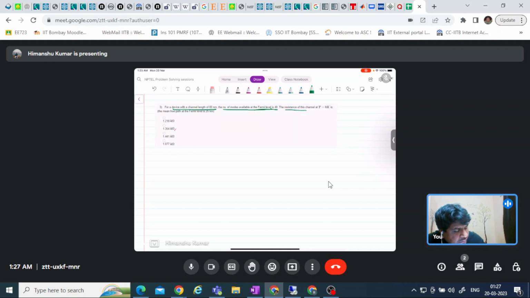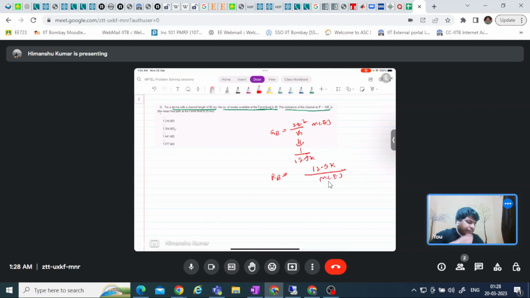The resistance of this channel at T equals 0 Kelvin is... So if we calculate the conductance, the ballistic conductance is 2q squared by h times M of E, and h by 2q squared is 12.9 kilo ohm. So this ballistic resistance will be equal to 12.9 k divided by M of E.